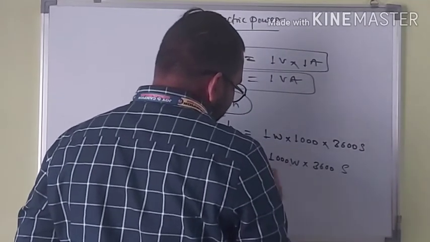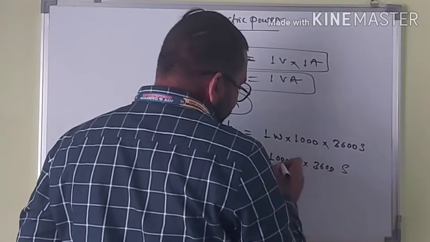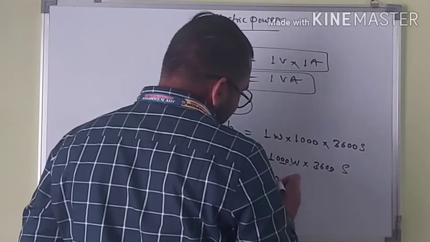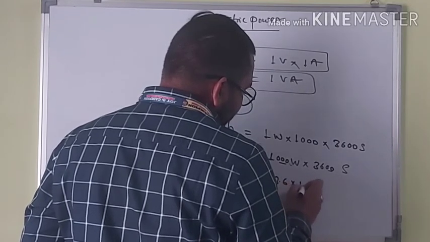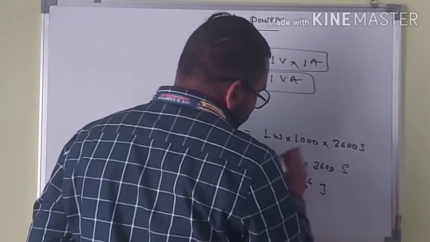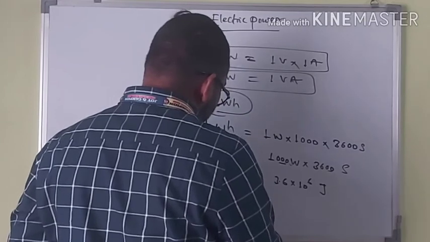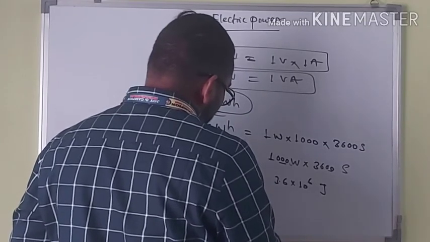Okay, so it can be changed into the form of 3.6 into 10 to the power 6 joule. This much energy is produced by 1 kilowatt hour.